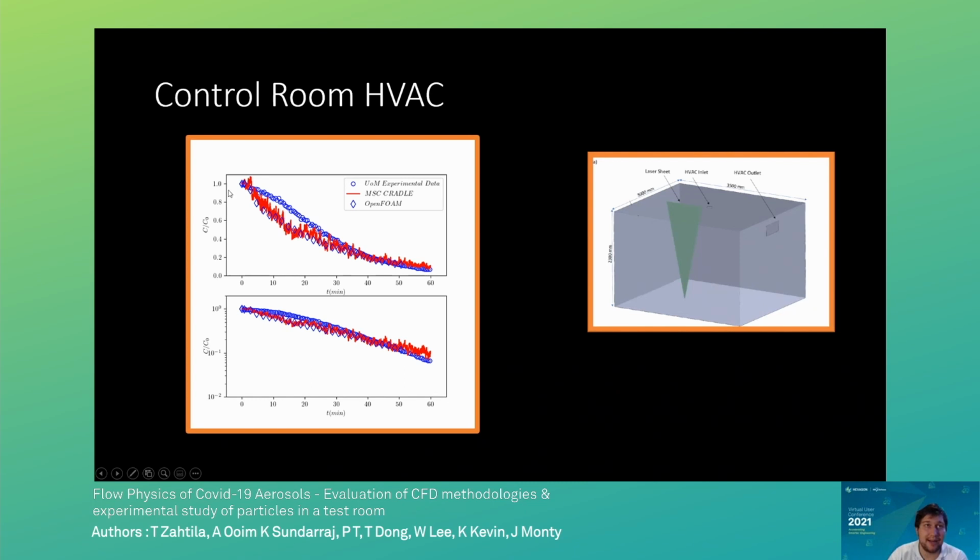So I think that's a really good hint that the accuracy of MSc Cradle is pretty good. There is a bit of a discrepancy here, and that's something that we will address in further experimental work and further modelling efforts, but it is in general quite hard to get really excellent agreement between experimental data and simulation.